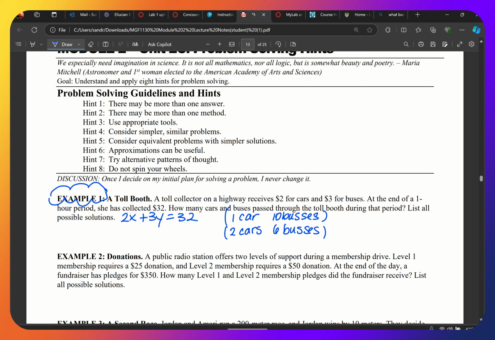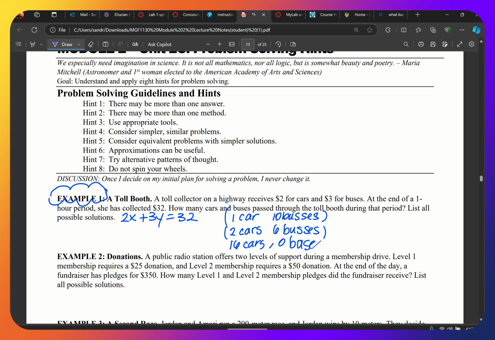Give me another example. You can have all cars and no buses, right? All cars would be 16 cars and no buses.